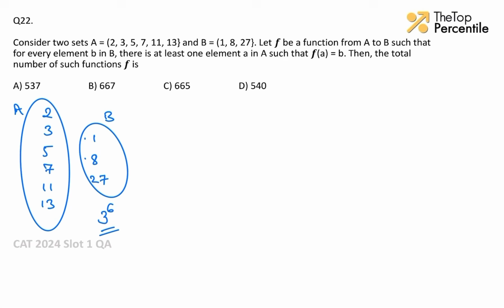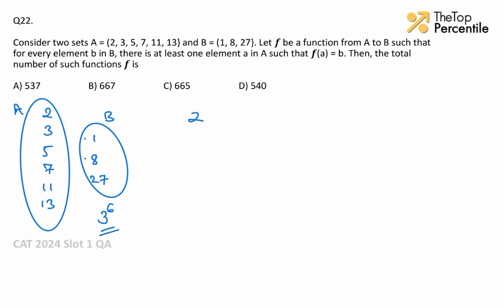But remember, in this 3 to the power 6, there are also functions in which exactly one element of B is mapped from A, and exactly two elements of B are mapped from A. We need every element of B to be mapped from A, so we need to eliminate these two cases as well.